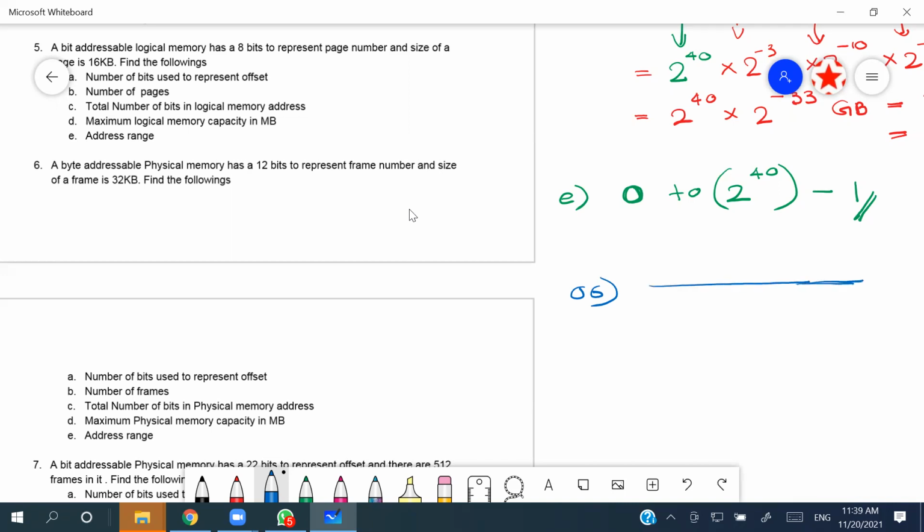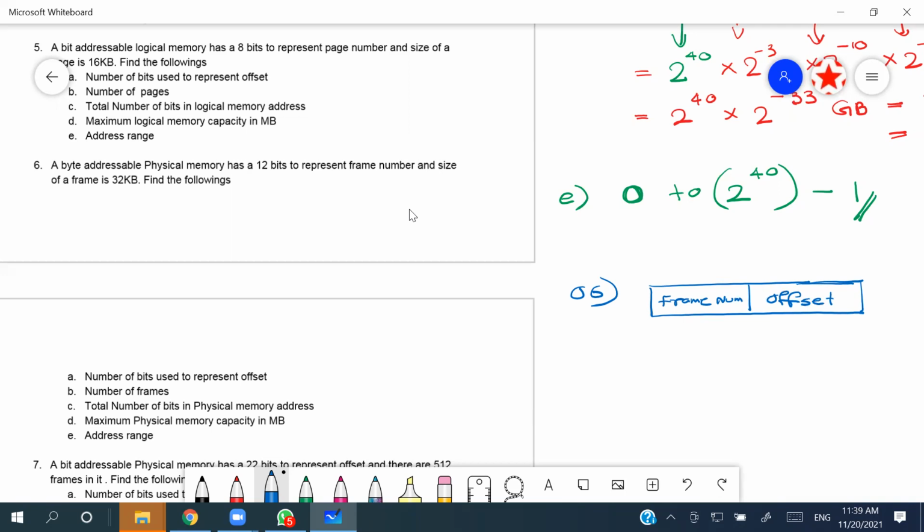It is a physical address. So we are going to find the frame number and the offset, or we call it the displacement sometimes.